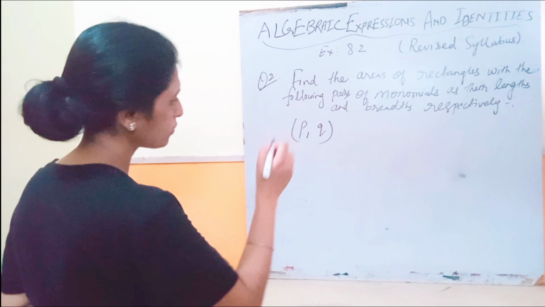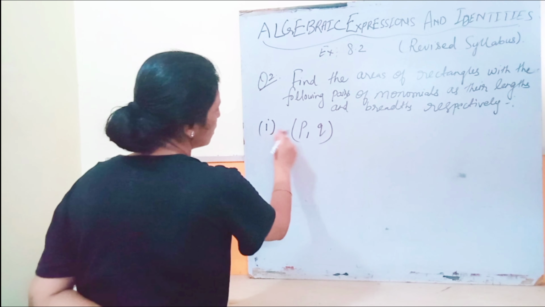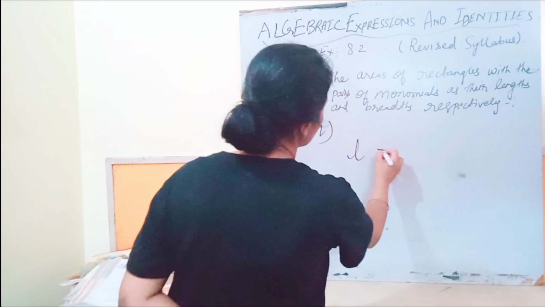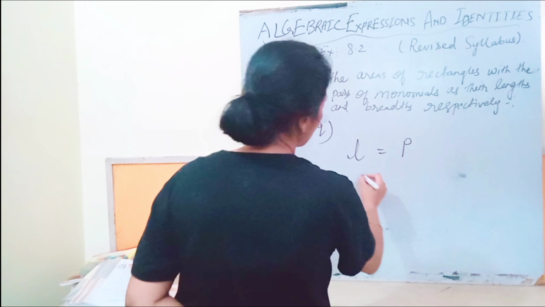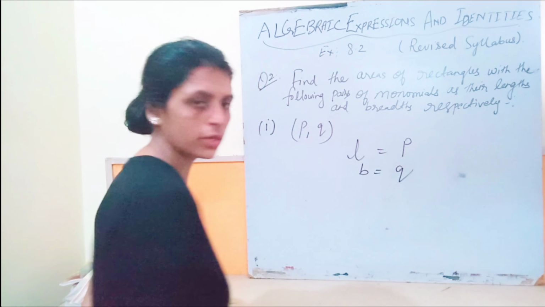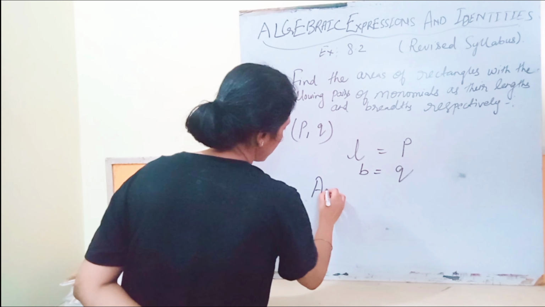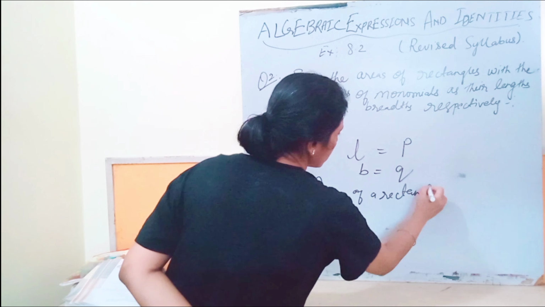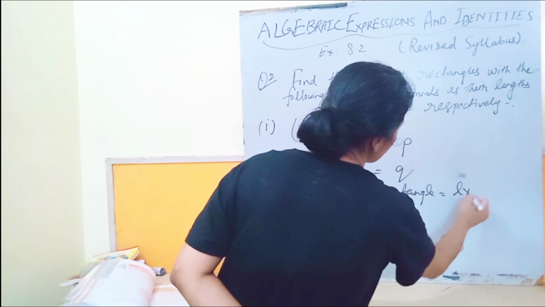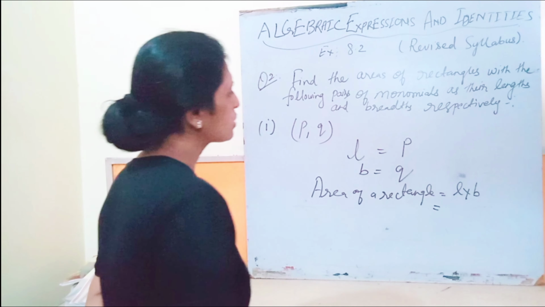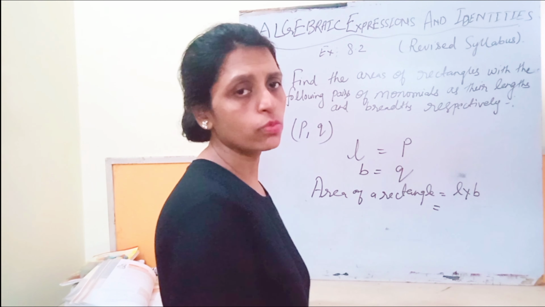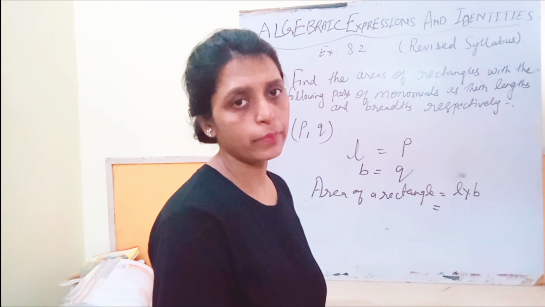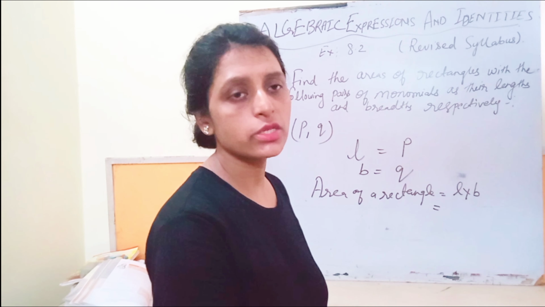Now the first question, the first part: the length is P. You can mention it like this: length is P and your breadth is Q. And area of a rectangle is your L into B. In my previous videos I have explained how to multiply two monomials, how to multiply a monomial by a binomial, and similarly how we can multiply two binomials.